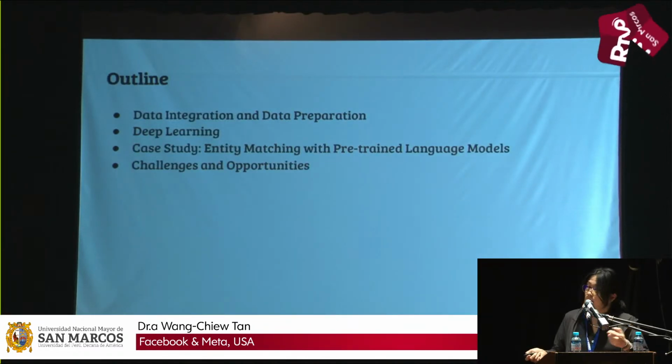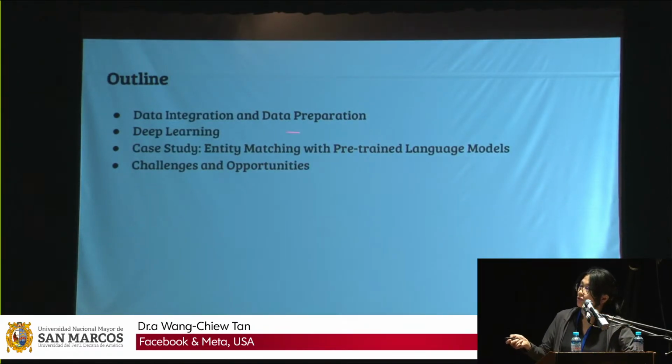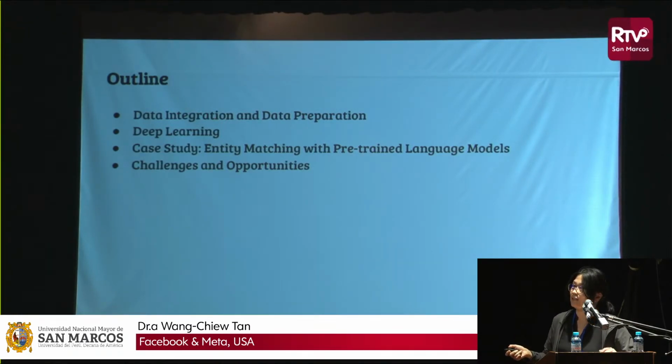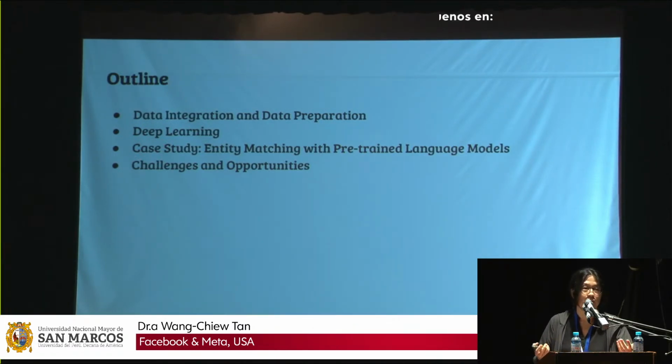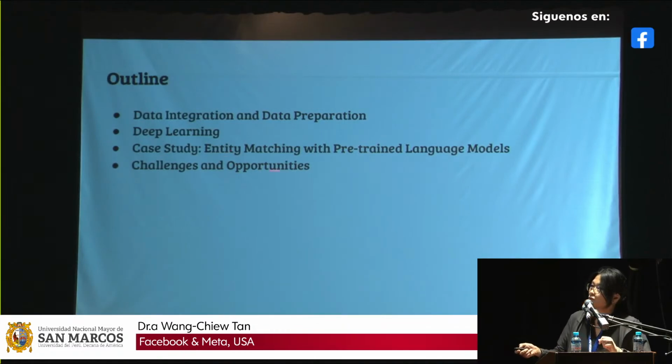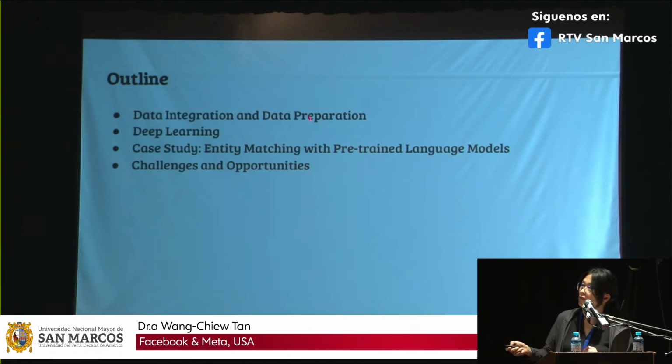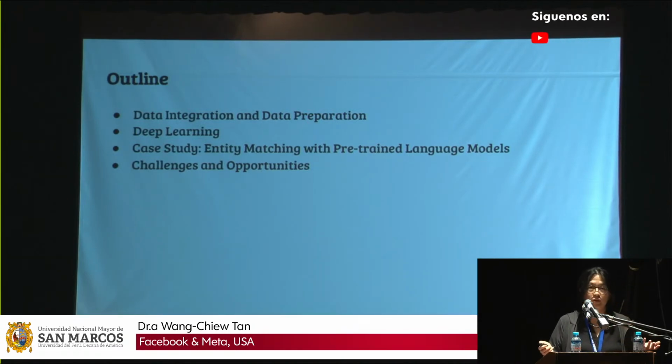So here's the outline of my talk. What I've done is just to give you a really quick 5-minute overview of the data integration, data preparation problem. I'm going to also quickly go into some aspects of deep learning so that we have adequate material to do a good study of the entity matching problem with pre-trained language models based on transformers.